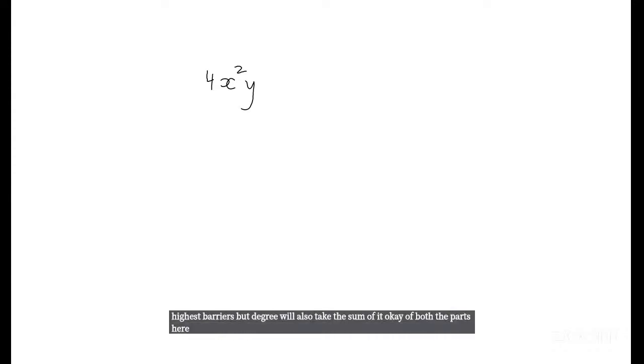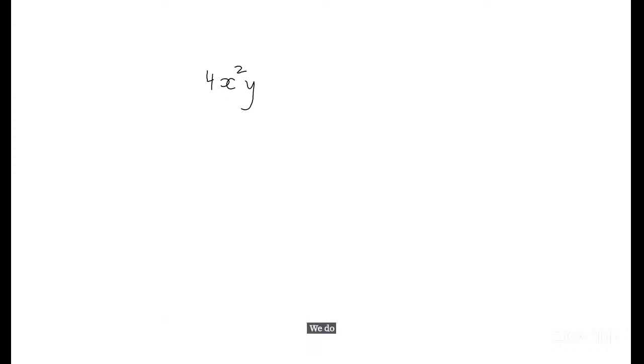Here, we will take the sum of both the powers, and then whatever the answer will be, that we'll consider. Suppose x has the power of 2 and y has no power, means it has the power of 1. The variables which don't have a power means that they have a power of 1. So x has the power of 2 and y has the power of 1.